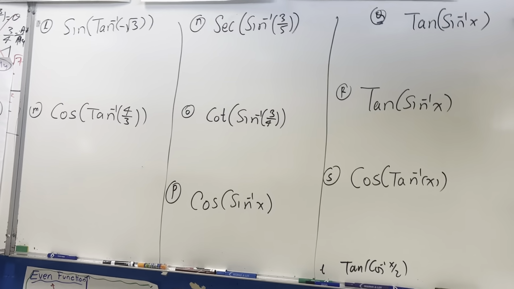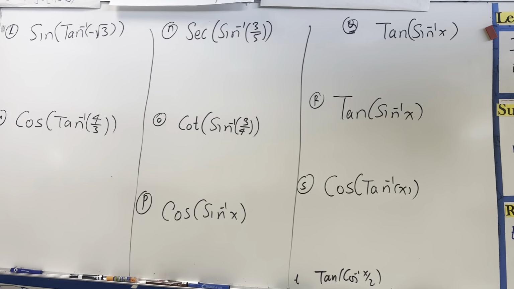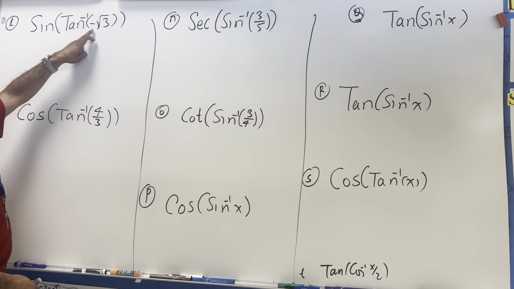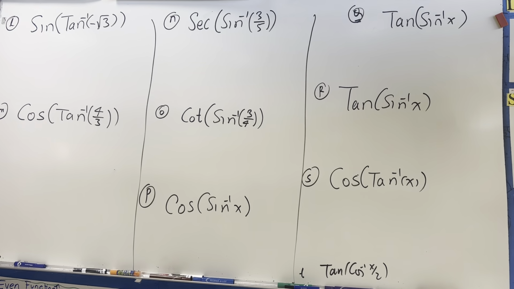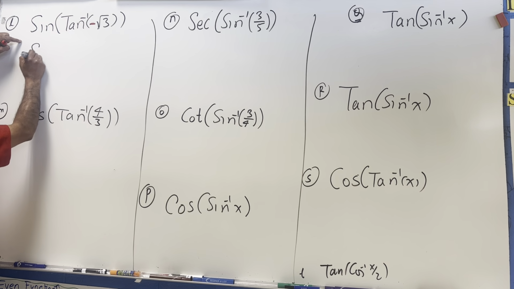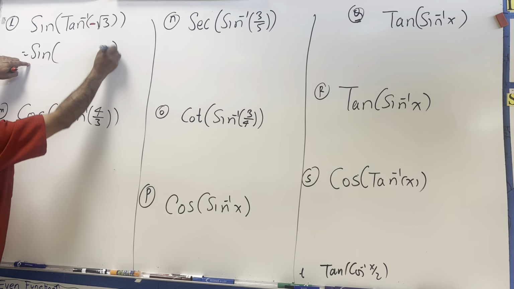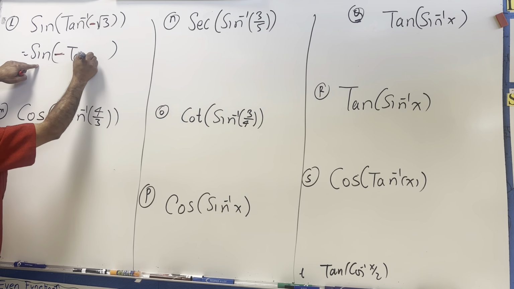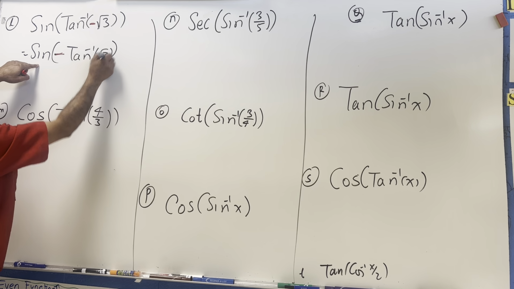So let's go to this board now. First of all, what is tan inverse of minus root 3? The minus, we can pull this out. So this minus can be pulled out and written as minus tan inverse of square root of 3.